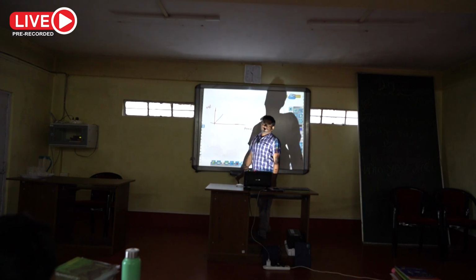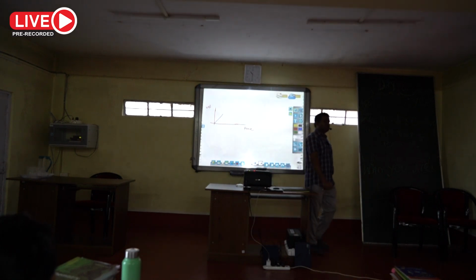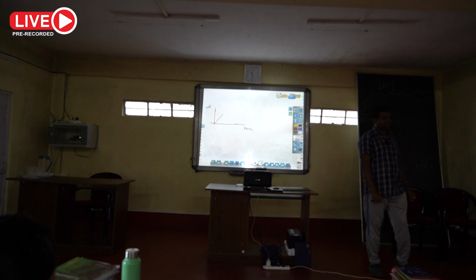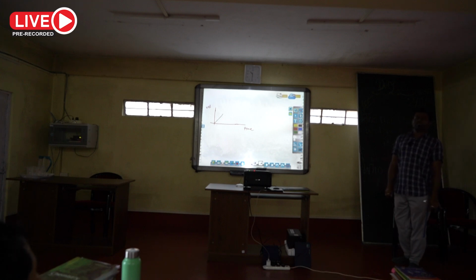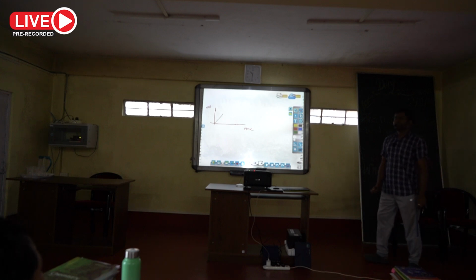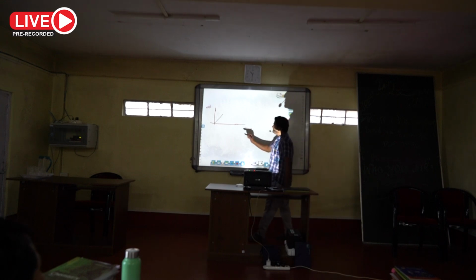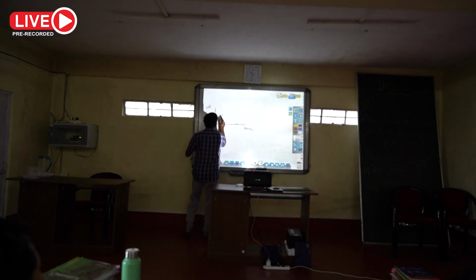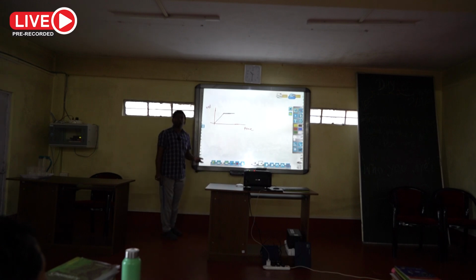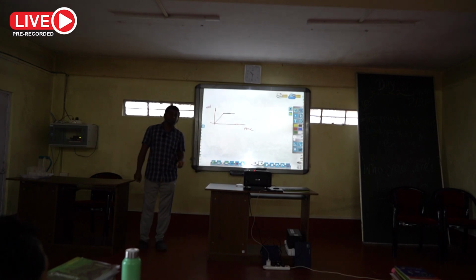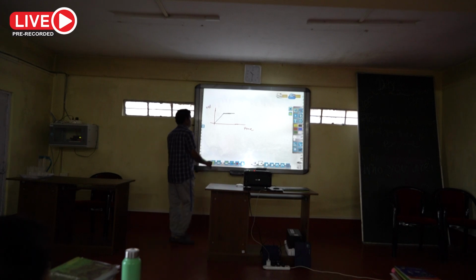From rest, the velocity is increasing because of the constant acceleration, so it will be a straight line inclined to the time axis. Then for certain time it moves with constant velocity. Constant velocity means this line will be parallel to the time axis. Then again with constant retardation.